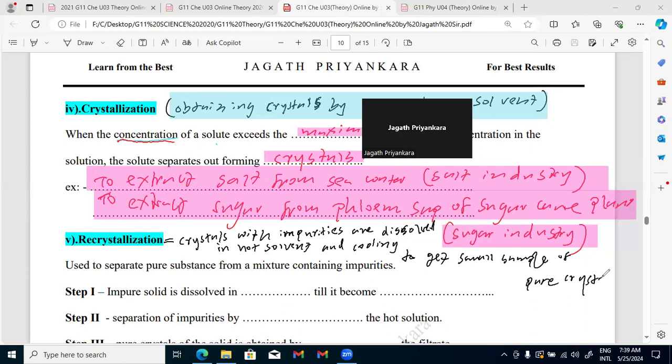You have to dissolve the impure crystals a lot. That means it should be a saturated solution. You prepare a saturated solution of impure crystals by dissolving it in hot solvent, hot water or alcohol or whatever, and you cool it. When you cool, what happens? Solubility decreases. When solubility decreases, pure crystals get deposited at the bottom. Is that clear?